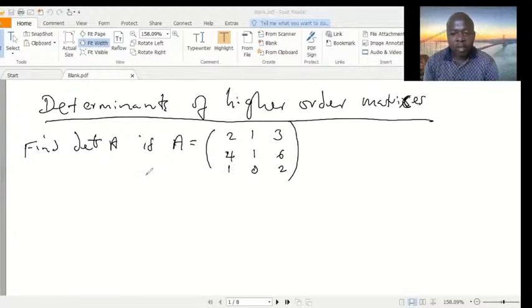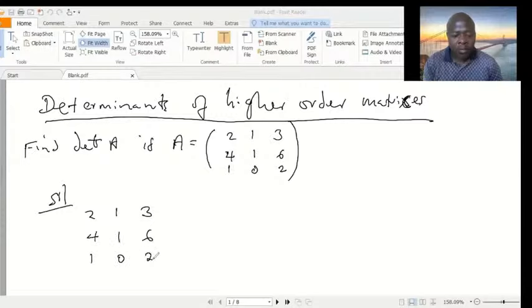And there are so many ways of finding the determinant of a matrix. If it's a 3 by 3 matrix, it will be easier to just take the matrix as given.